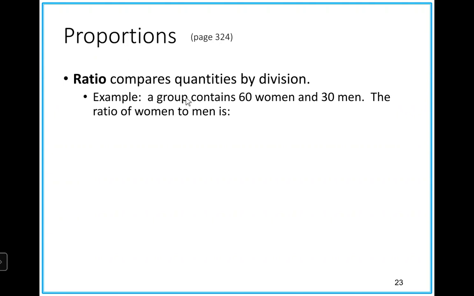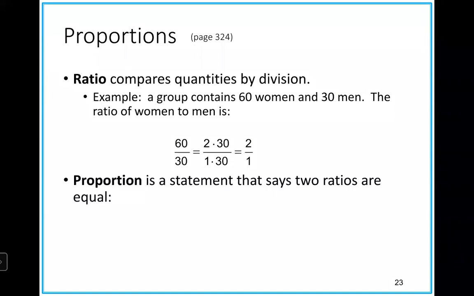So we should have learned a little bit about ratio some time ago. The ratio compares two or more quantities. They give an example here. A group may contain 60 women and 30 men. So the ratio of women to men could be simplified as 2 to 1.